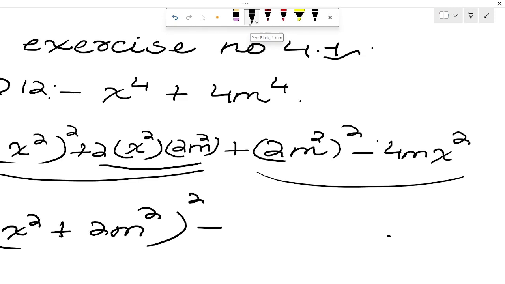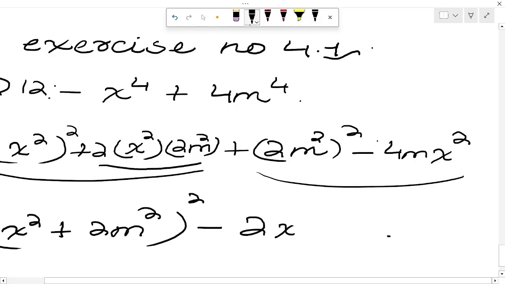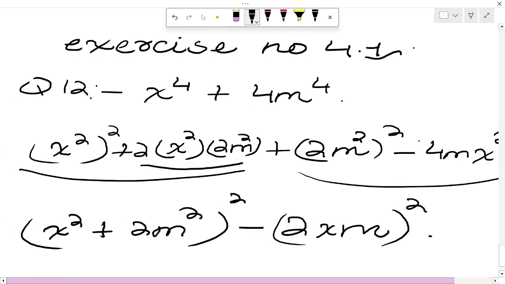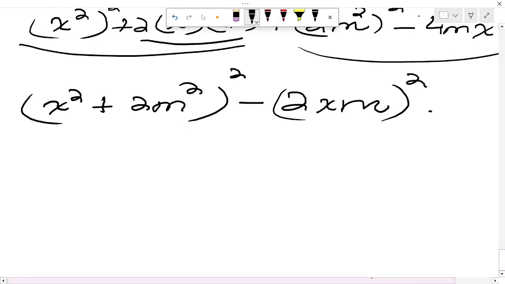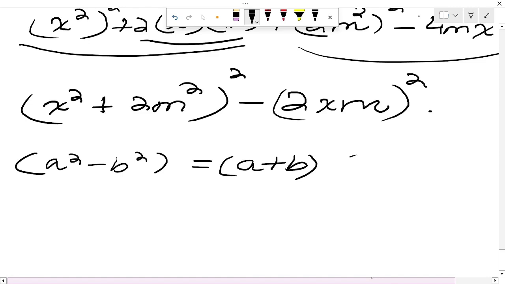So I'll write 2xm whole square right here. Now as you can see, this expression has been simplified, but there is another step that we need to perform. What does this expression fit into? So it fits into this formula, which is a square minus b square, which is equal to a plus b subtracted from, sorry, not subtracted from, but multiplied with a minus b.